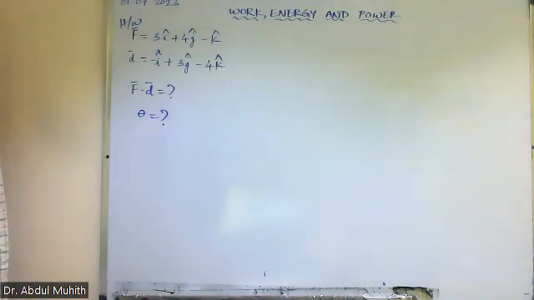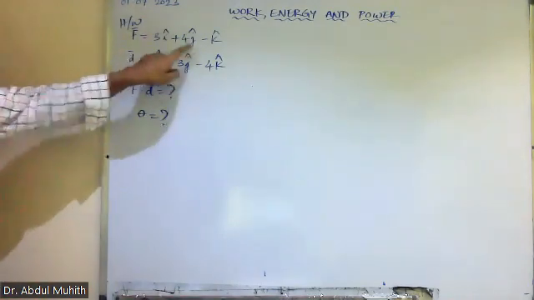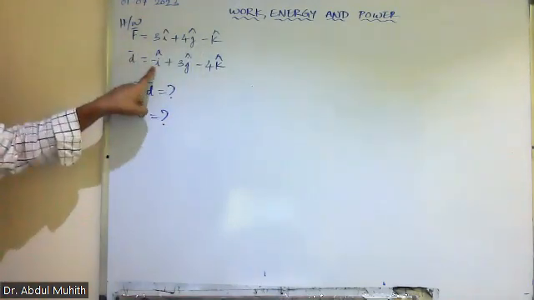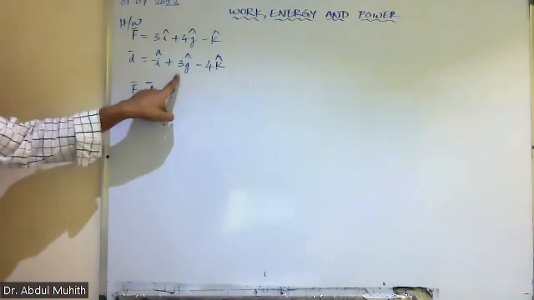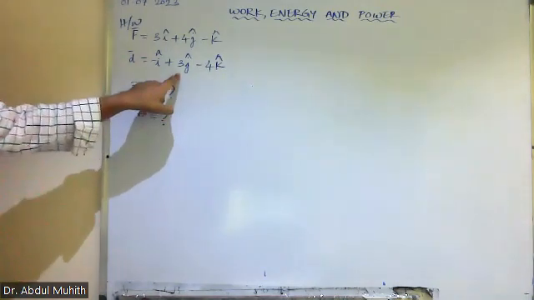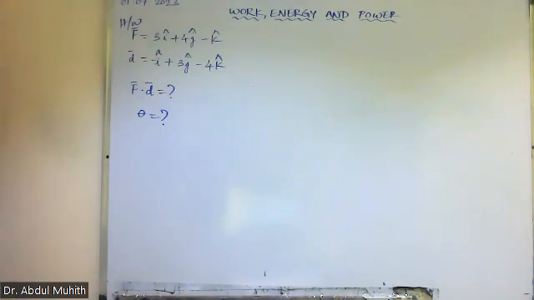Sir, it's minus i cap, right? Once again, see: 3i cap, 4j cap minus k cap; minus i cap plus 3j cap. Okay, understood? So copy this.